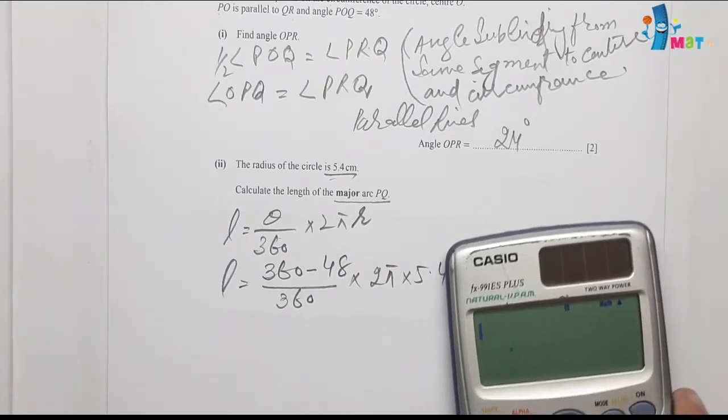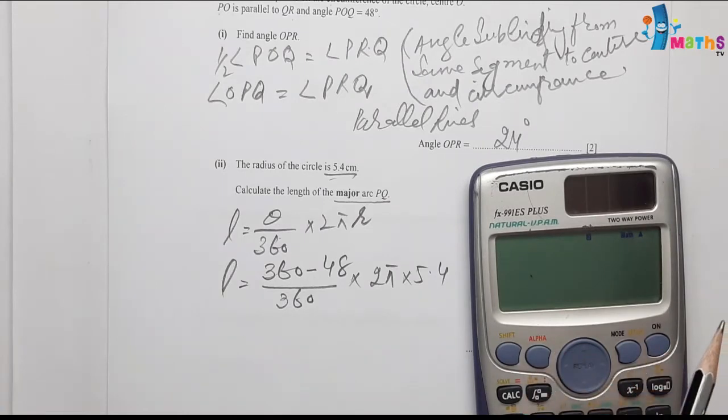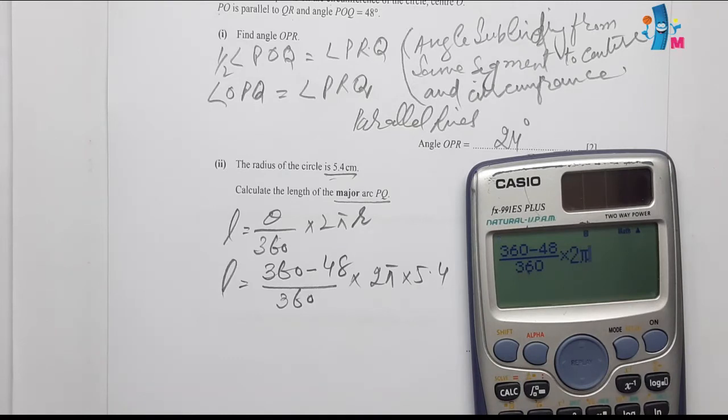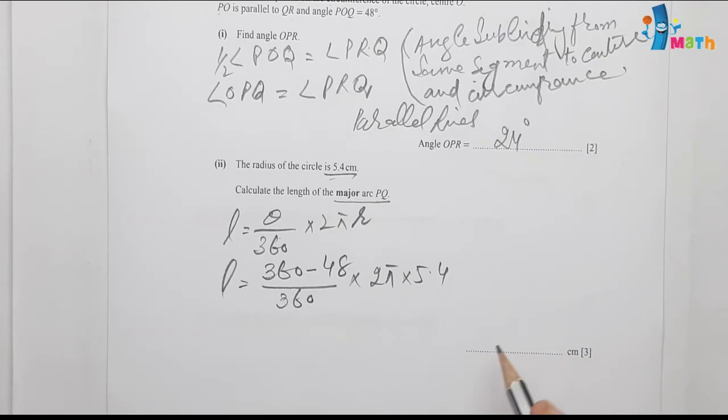We can use a calculator to solve this: 360 minus 48 divided by 360, multiply by 2 pi, and multiply by 5.4. This will be equal to 29.4. So the answer will be 29.4 centimeter.